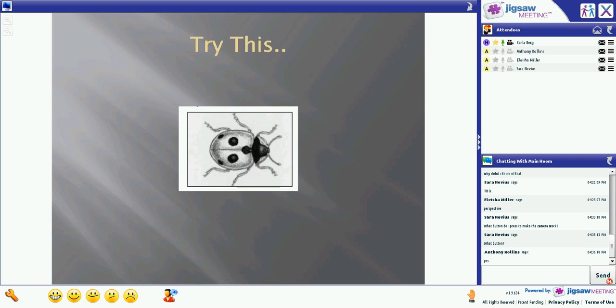However, they are missing some things. What is something that they did not include in their scientific drawing? Go ahead and raise your hand or type it in the text chat. What did they not include in their scientific drawing?